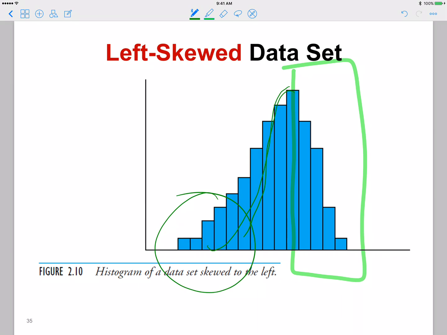If we believe that our distribution should look more like the right side, then those parts are a somewhat undesirable data pattern. But anyway, that is called left skewed.